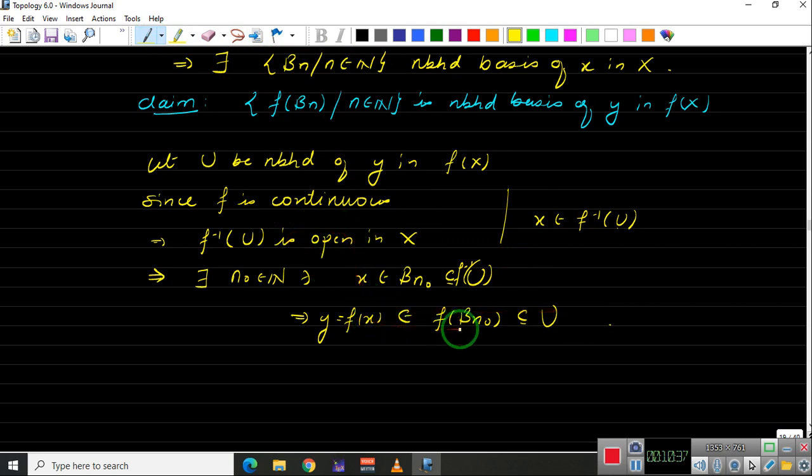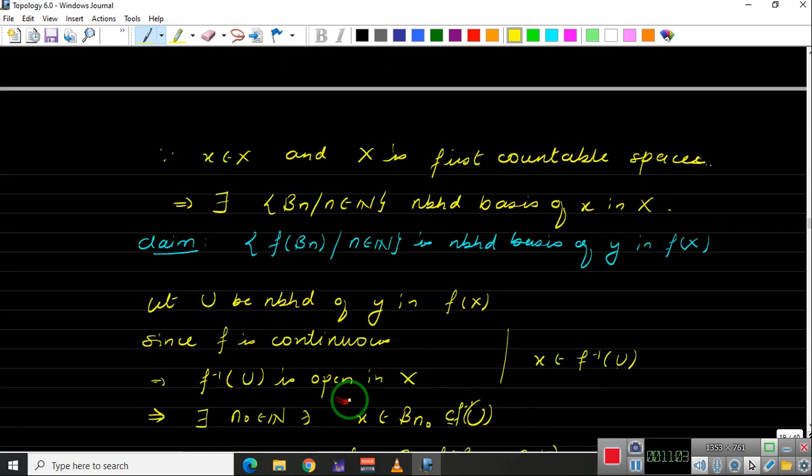So we have got a neighborhood f of Bn naught which is contained inside U, and therefore we can say that hence f(X), the continuous image of an open set, is first countable. Okay, continuous open image.